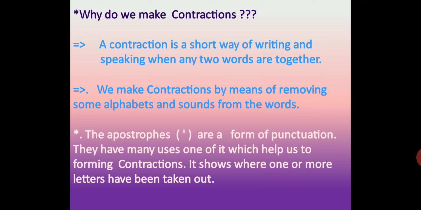It means when we make a contraction form of a word, the apostrophe helps us to write the word in a short form, and it shows that one or more letters have been taken out or omitted from the word.